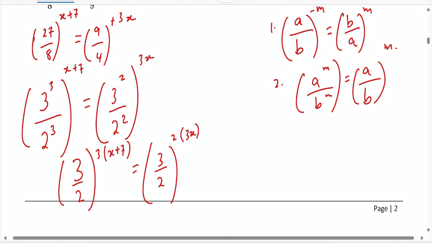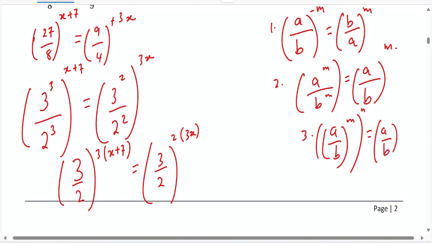Sawa? So that gives us the third rule, which says that if you have two powers outside, so uko na m na uko na n, what do you do with those powers? You multiply those powers, so itakuwa ni m times n. So the same thing with this question. So what do you do hapa?